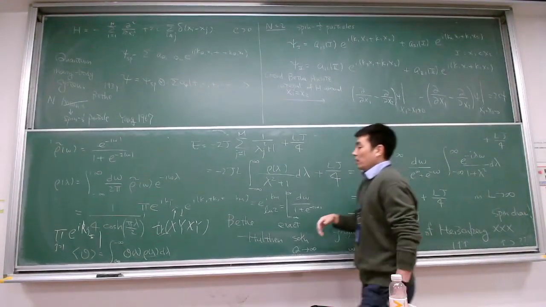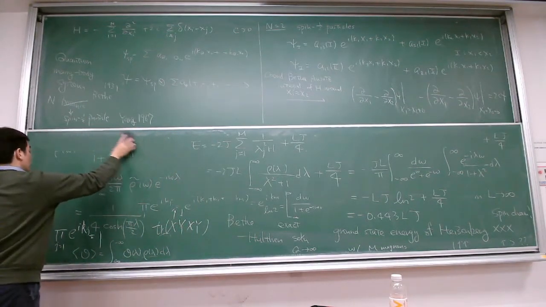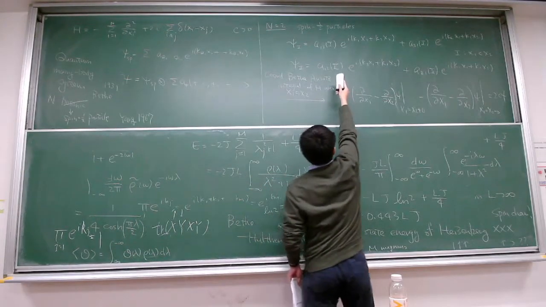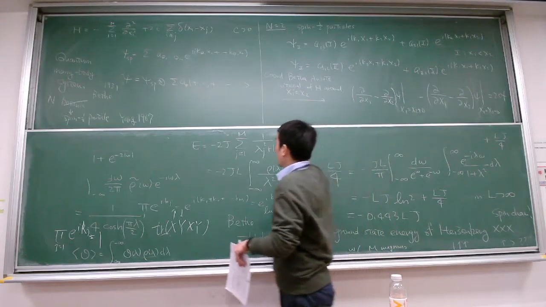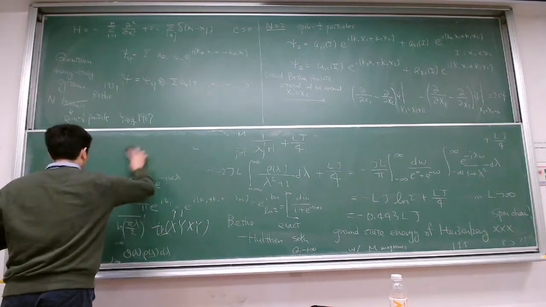Okay, so far it's the same as the bosonic case. For the bosonic case, we immediately identify this amplitude and that amplitude and so on. But in the fermionic case, this is not the case. So we will see step by step for fermions.